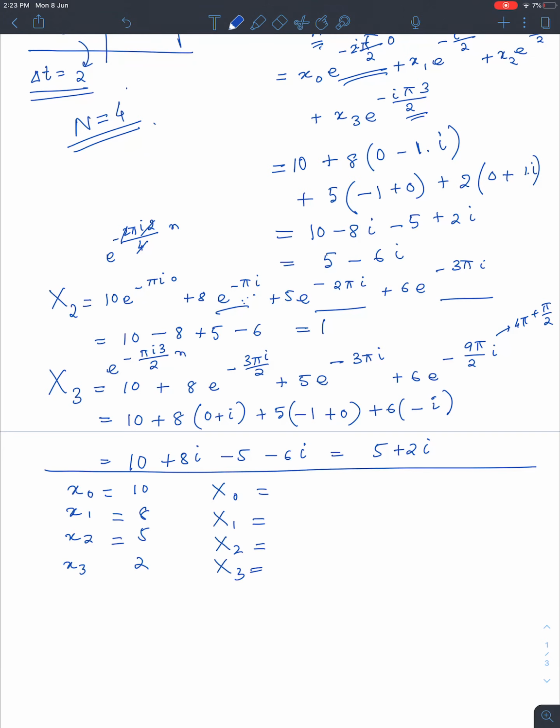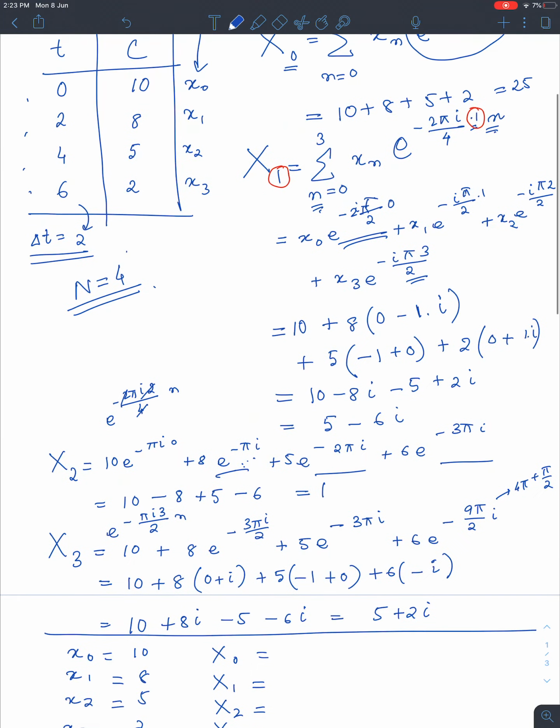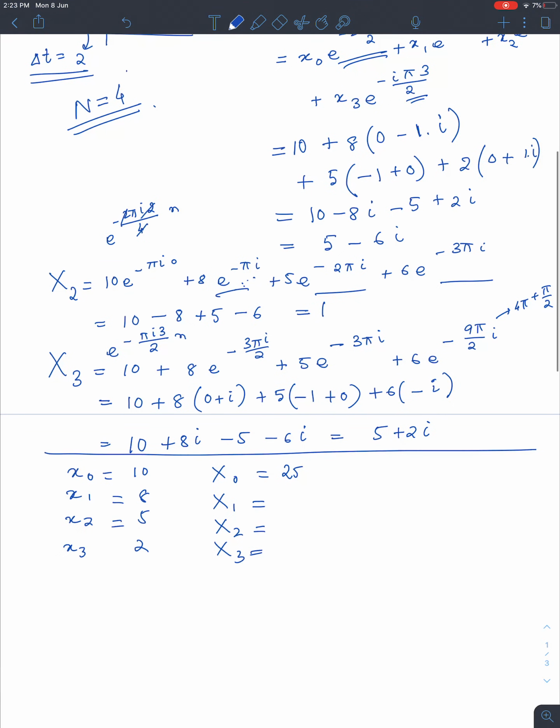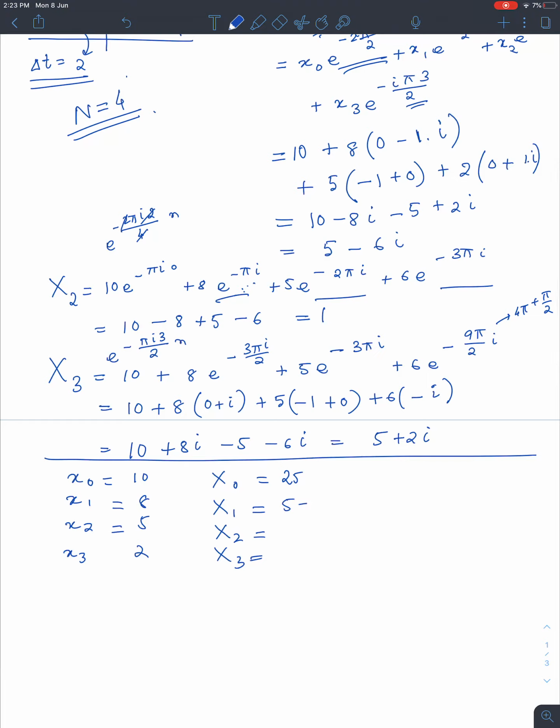So what are these values? Capital X0 we got as 25, just the sum of all the values. Capital X1 was 5 minus 6i. X2 is 1 and X3 is 5 plus 2i. So these are the different values that we have got.